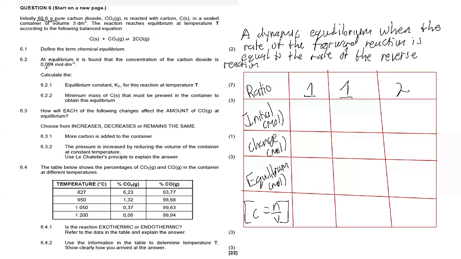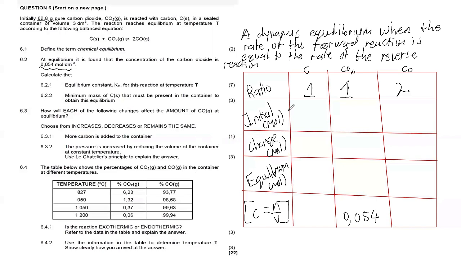If this one is the carbon dioxide block, this one is the carbon, and this one is carbon monoxide, then the 0.054 needs to be here.